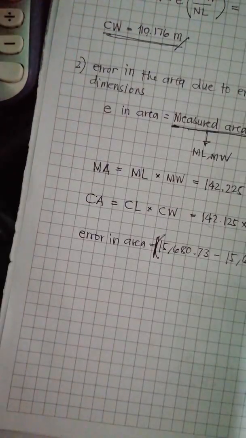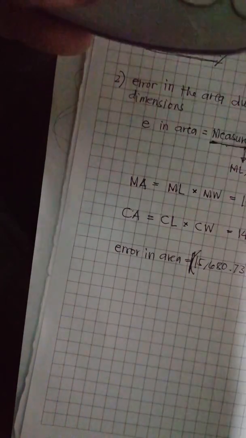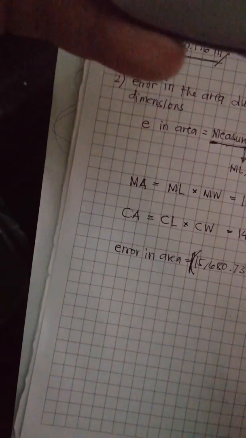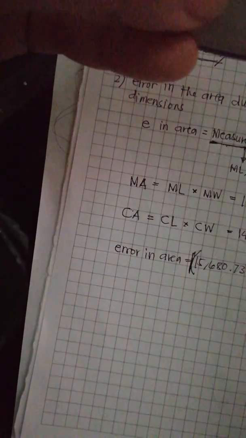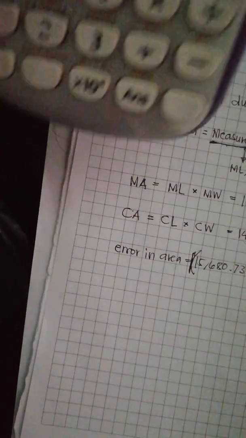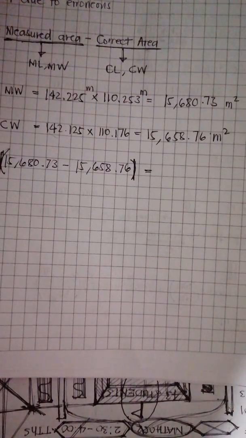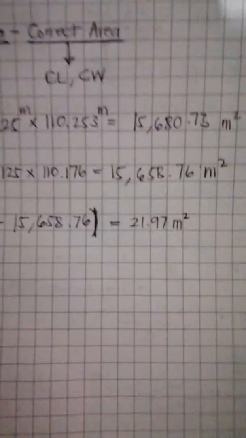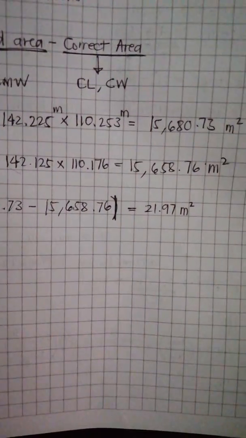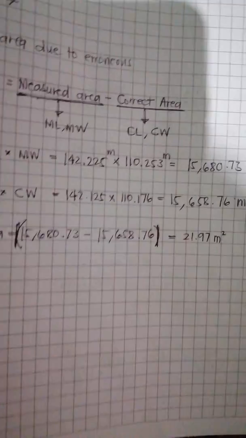So 15,680.73 minus 15,658.76. Therefore, the error in the area is 21.97 square meters.